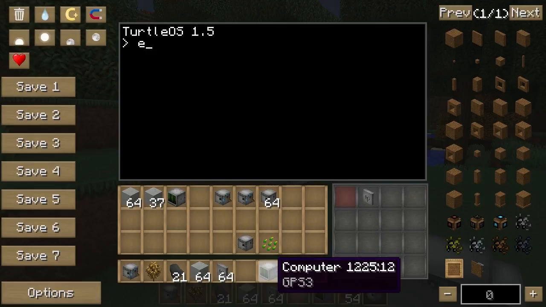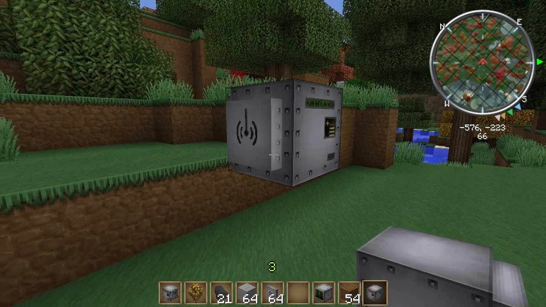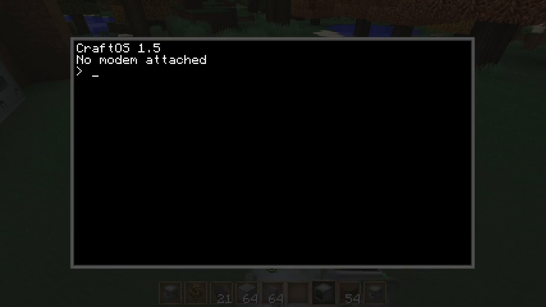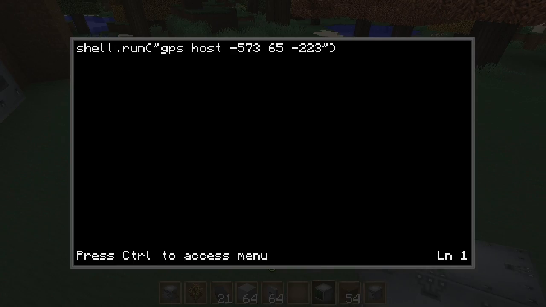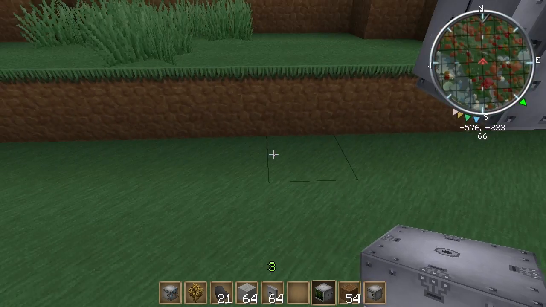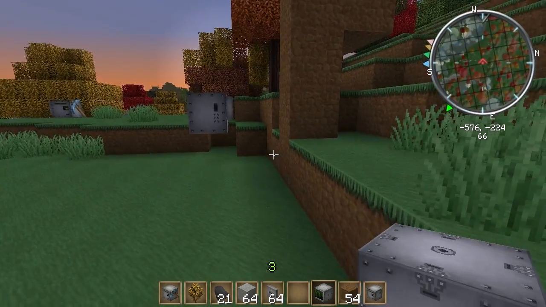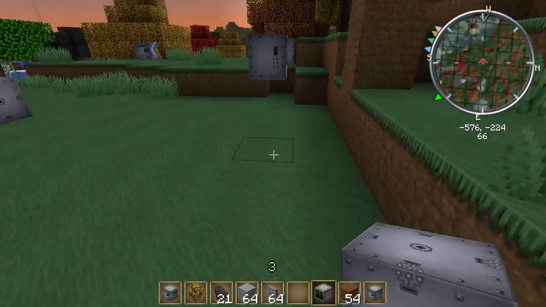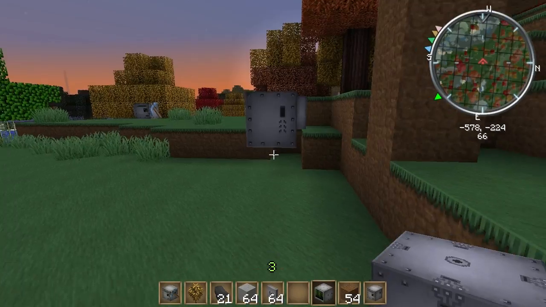Bollocks. Oh man. So it's going to be along the same plane here, isn't it? Alright.